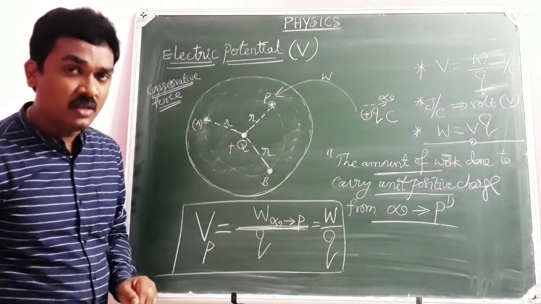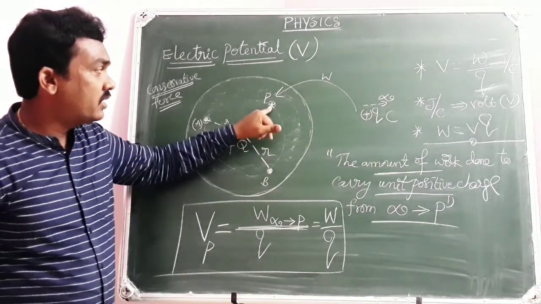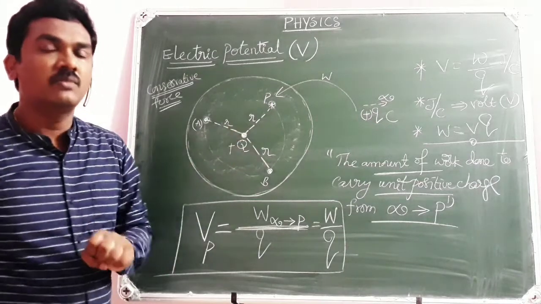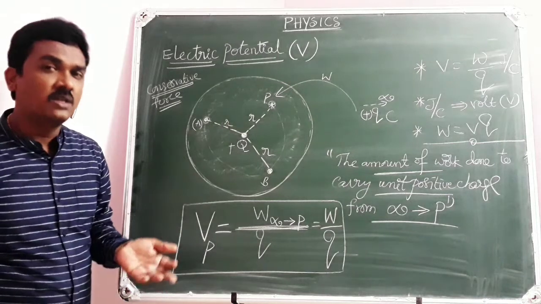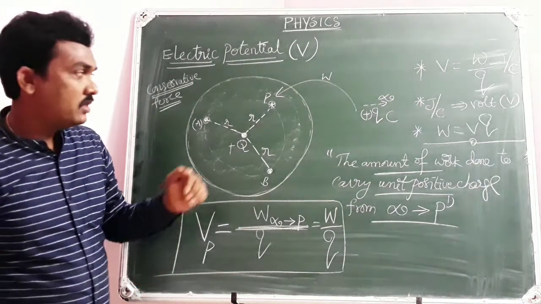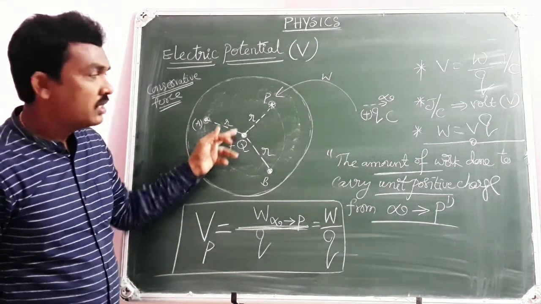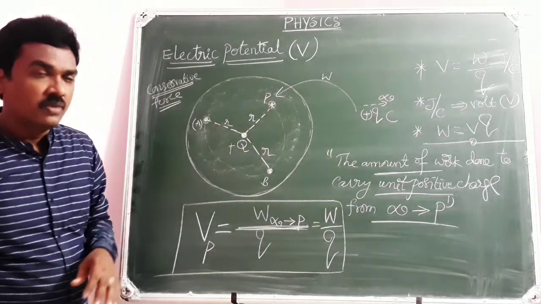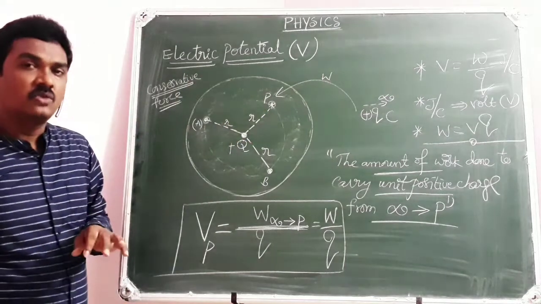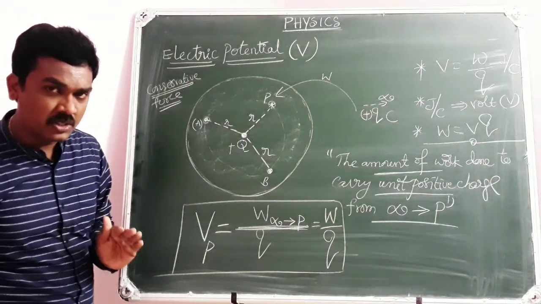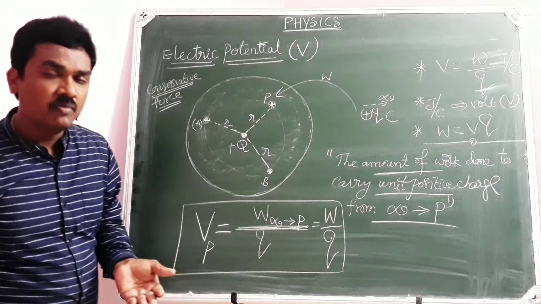That is the reason why the electric potential at this point will be taken as negative. So your electric potential at a point can be either positive or negative. If the source charge is positive, the electric potential will be positive. If the source charge is negative, the electric potential will be negative.